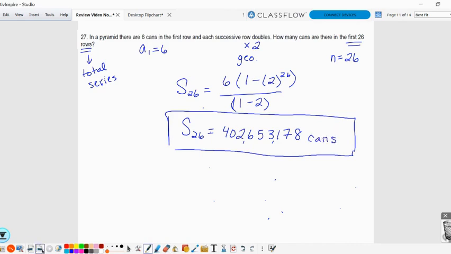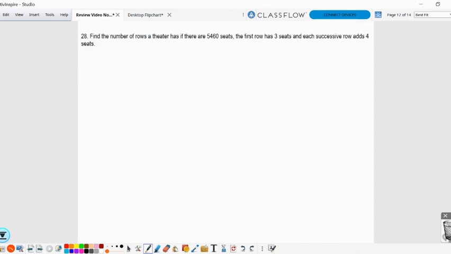All right, let's go to 28. Find the number of rows a theater has if there are 5,460 seats. Someone is giving us a sum. The first row has 3 seats, and each successive row adds 4 seats. We know our common difference is 4.